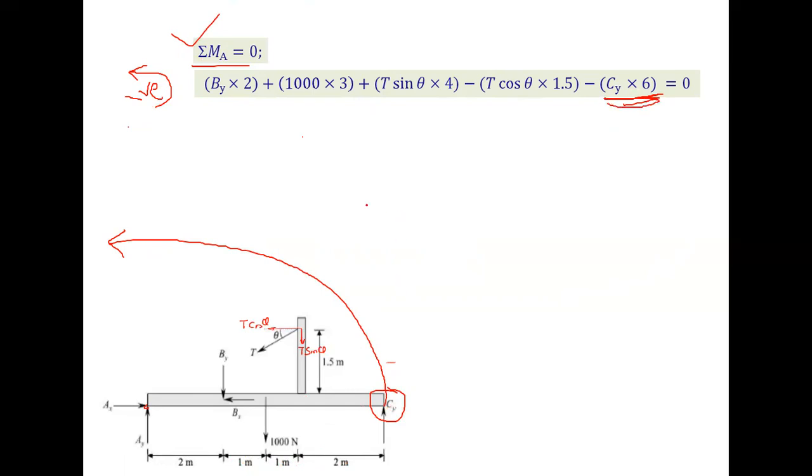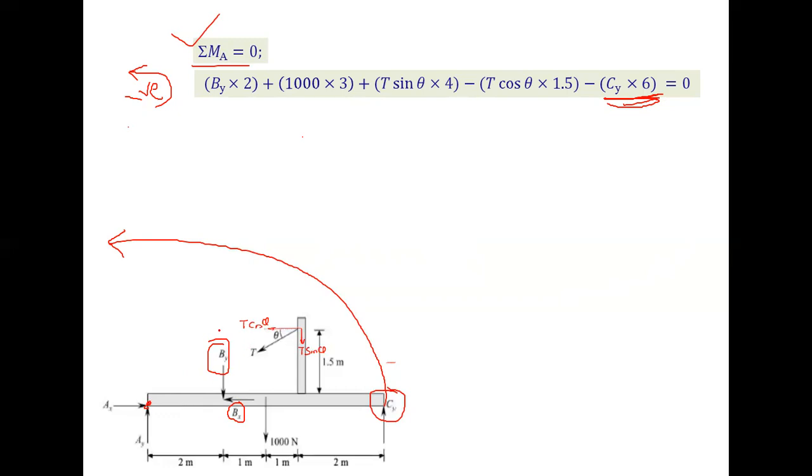Now let's find out the moment produced by BY and BX. Okay, so BX is passing through this point A. So moment produced by this force will be 0 because there is no eccentricity of this force from the point A. Okay. So perpendicular distance from force Bx and point A is 0. So moment will be 0. Okay.